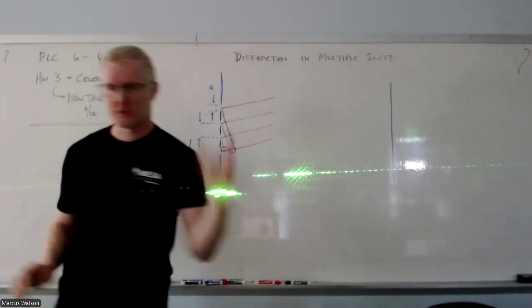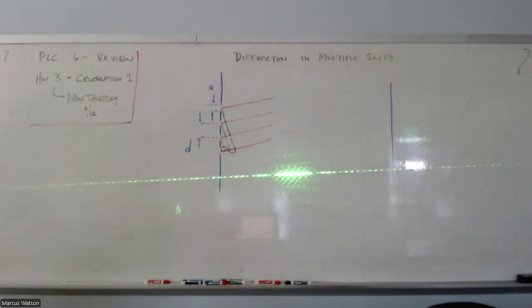Okay, so let me go change the pattern here to 4 slits, and that way we can see that you'll find, let's see here, that's 3 slits. So just for comparison, here is the 4-slit pattern.